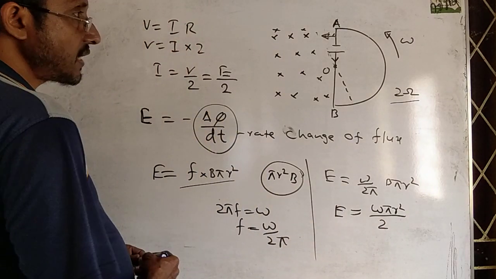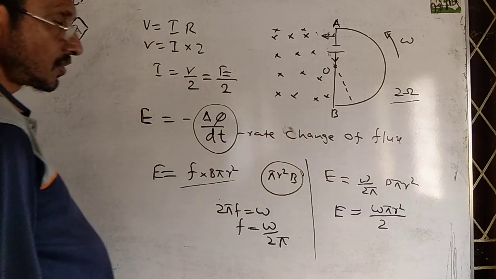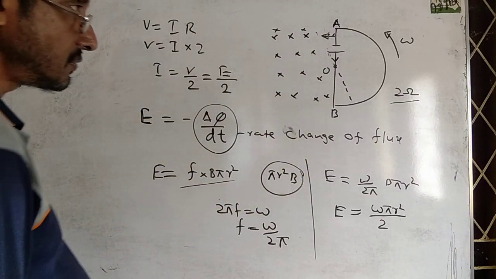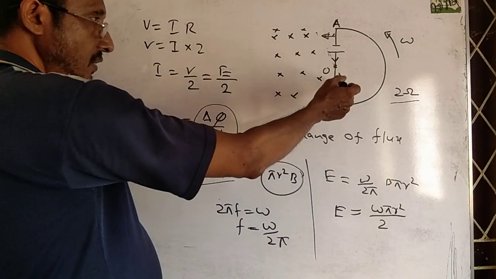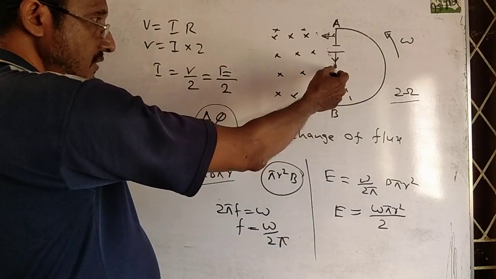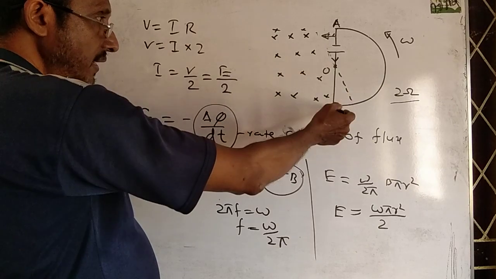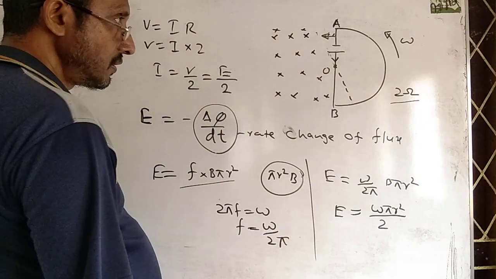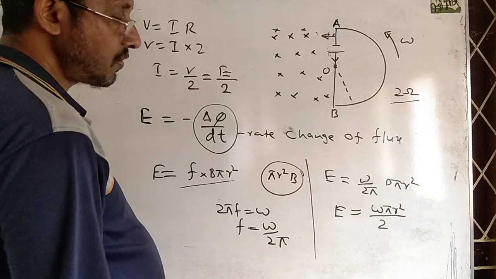This EMF acts as a cell through half cycle. In the other half of the cycle, the other radius generates EMF. Then the direction also changes.